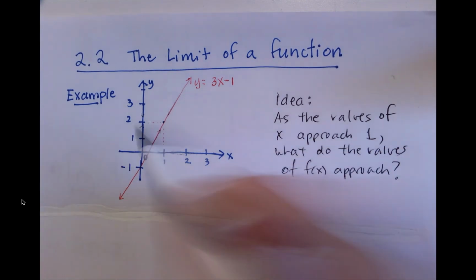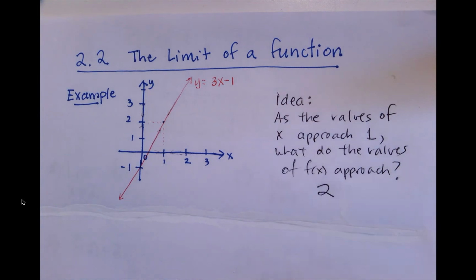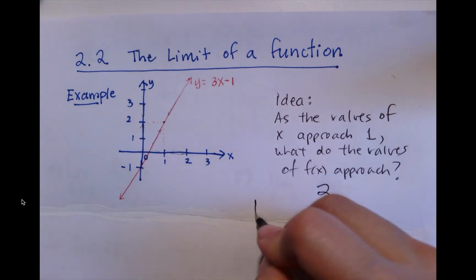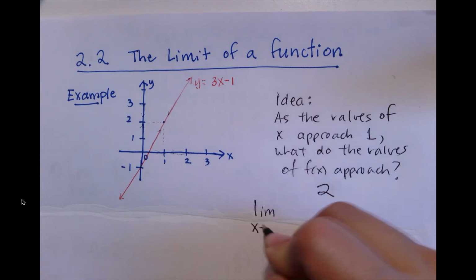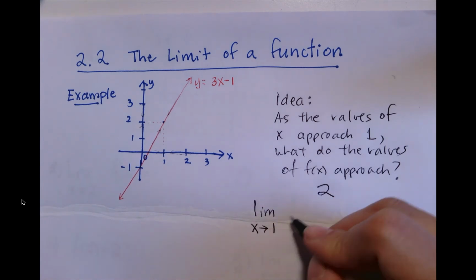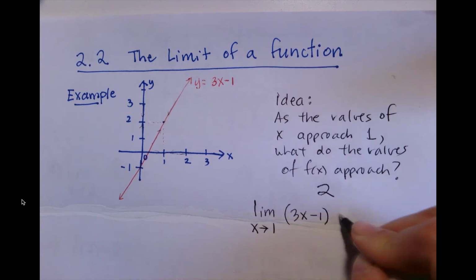And we can see that they're approaching the value 2. Now, the way that we express this in mathematical notation is we say that the limit as x approaches 1 of f of x is equal to 2.